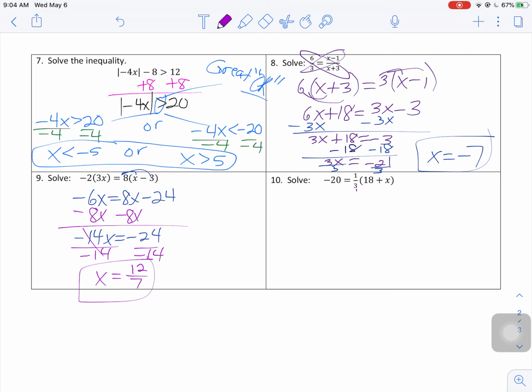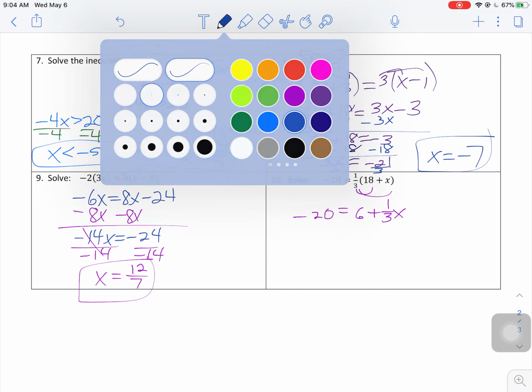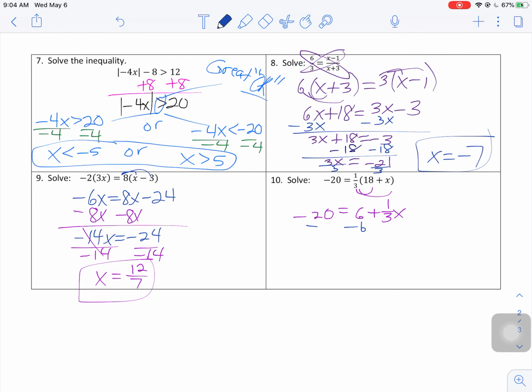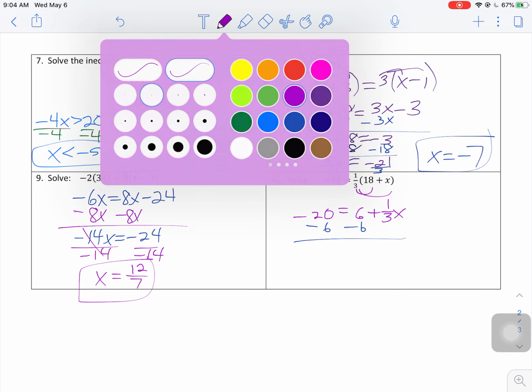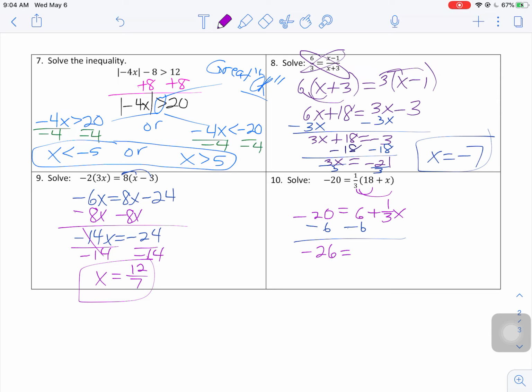And then that last one, distribute the 1/3, so negative 20 equals 6 plus 1/3 x. And then we can subtract 6 from both sides. So negative 26 equals 1/3 x.